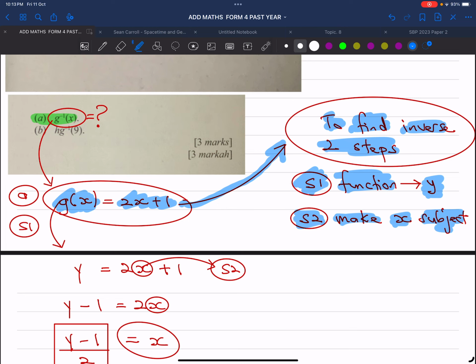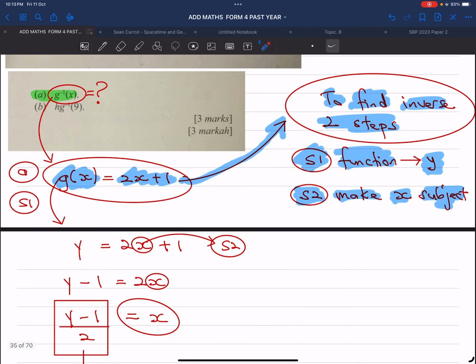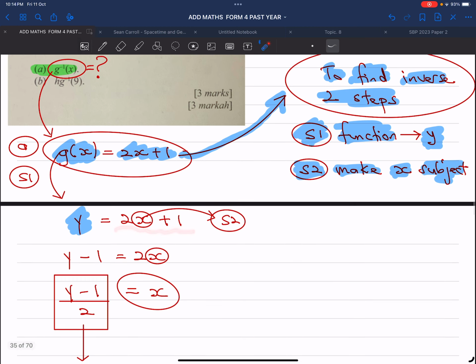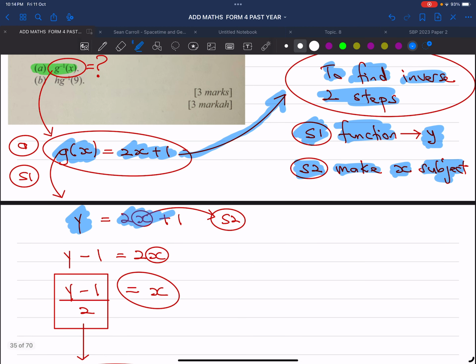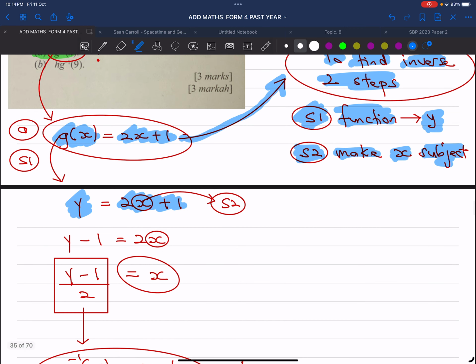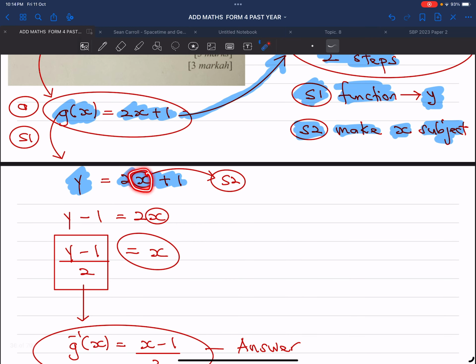So if we look here, the function g(x), I've changed it to y. Right hand side, I just copy back, which is 2x plus 1. Step 2, I'm going to make x the subject. The plus 1, I transfer to the left hand side, it becomes negative 1.